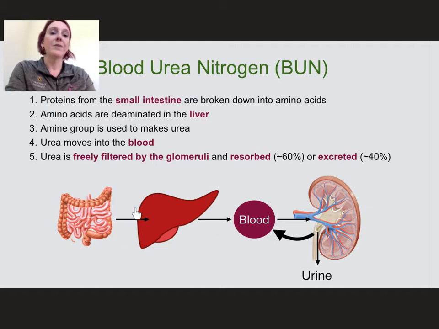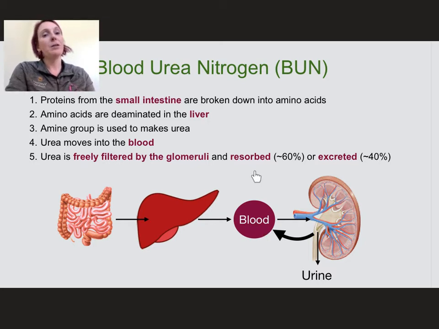And the liver takes these amino acids and plucks off the amine group and shuttles it into the urea cycle. Urea cycle, aptly named, as it finishes up with producing urea nitrogen, which is then moved into the blood, which is where we get our blood urea nitrogen terminology, or BUN.